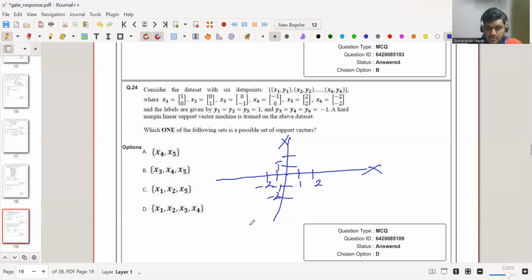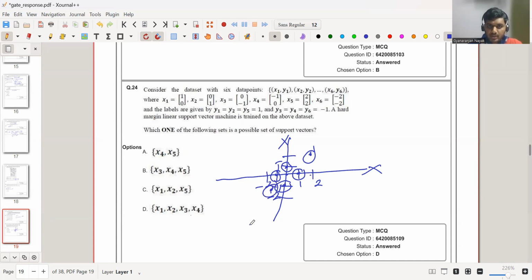Then the second point is (0, 1). Then the third point is (0, -1). Then x4 is (-1, 0). Then x5 is (2, 2). For x6, (-2, -2). So here are the points.